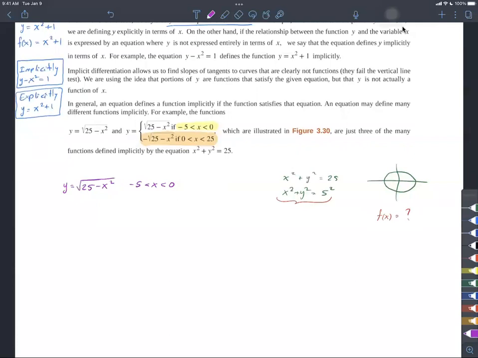If we plug this y into the equation here, let's do it. It's x squared plus y squared, and y is equal to the square root of 25 minus x squared.